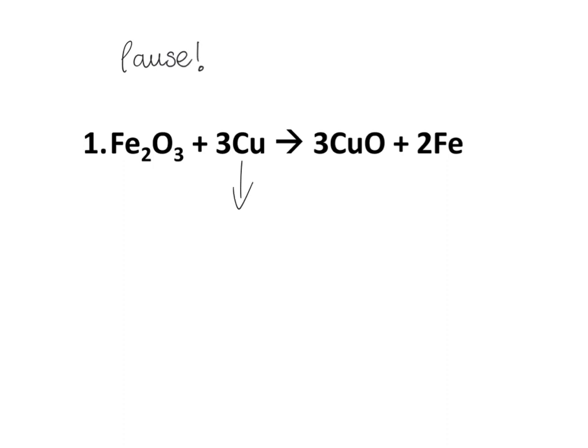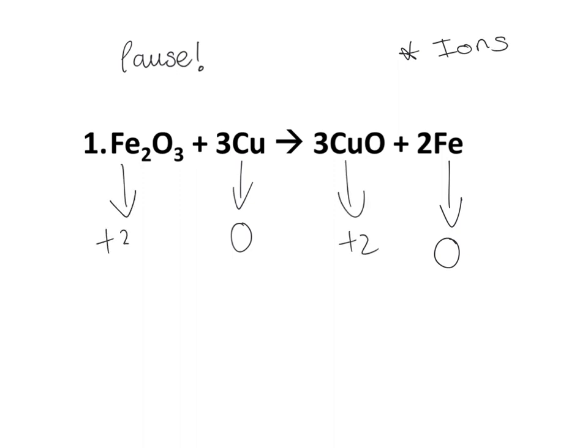For elements on their own, 0, 0. Look on your table of ions. Copper is 2+, depending on which one you're looking at. Iron is either 3+ or 2+. So Fe goes from +3 to 0. So it has gained electrons, no longer positive.